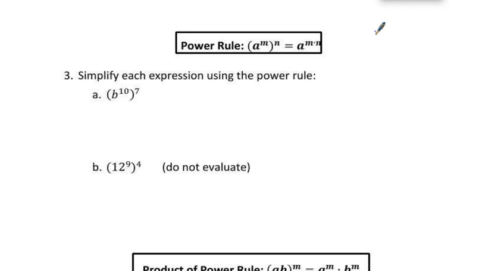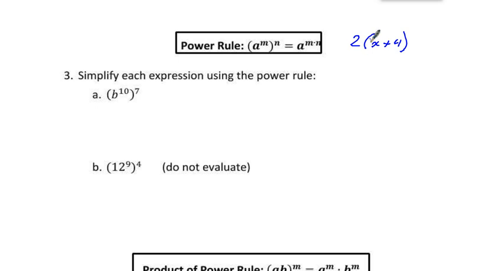The next exponent rule we'll take a look at is the power rule. Here we have a power a to the m raised to an exponent of n. And we'll read this a to the m to the n power. We're going to multiply exponents in this case. And what I like to think of is almost a distributive property, where if I had like 2 times x plus 4, what's being separated by the parenthesis is the coefficients.